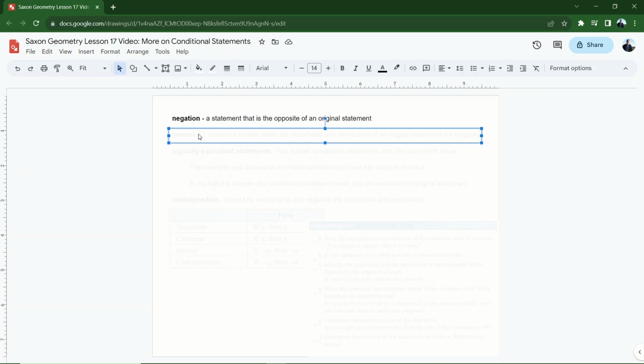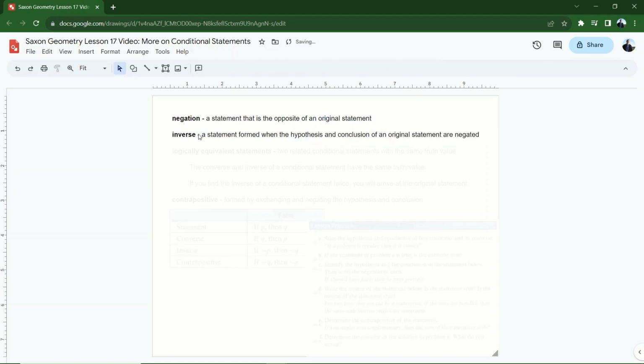That's a negation. Now, here's the first transformation of a conditional statement that's new in this lesson, the inverse of a statement, and it uses the negation. The inverse is a statement formed when the hypothesis and conclusion of an original statement are negated. Remember, the converse is when they're switched. The inverse is when they are negated.